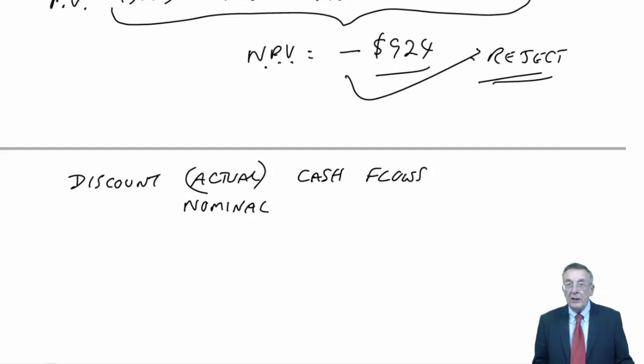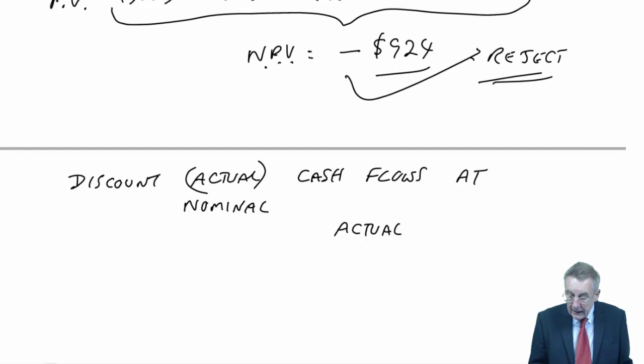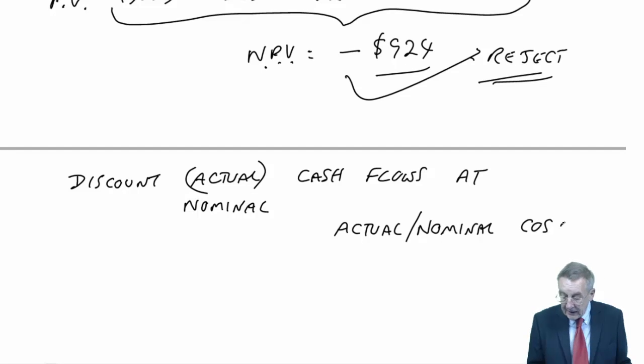If you see any mention of nominal cash flows, it means the actual cash flows, which meant doing that inflating, and we discount at the actual, or the other word for it is nominal cost of capital.